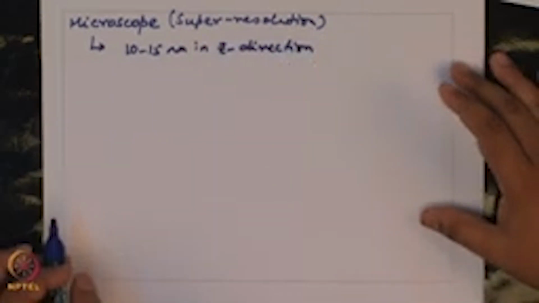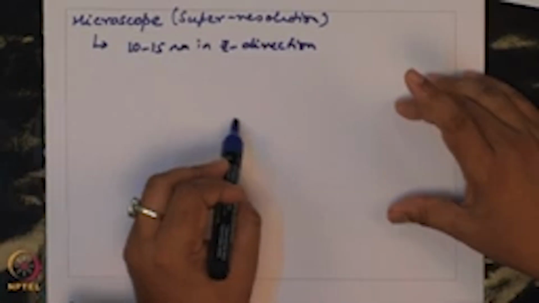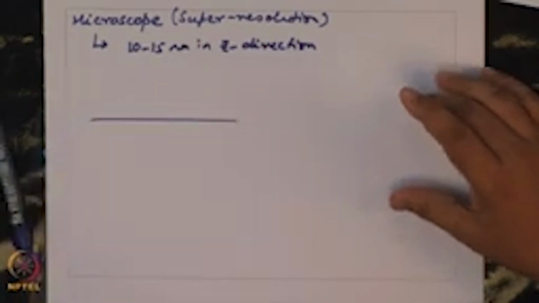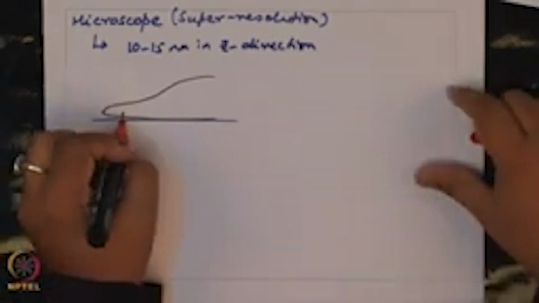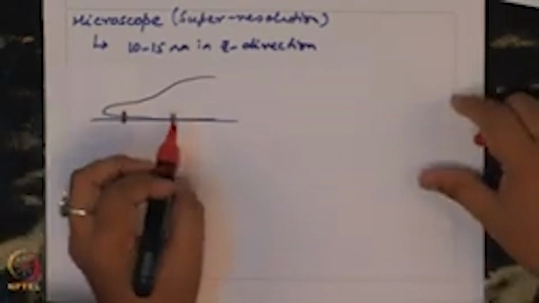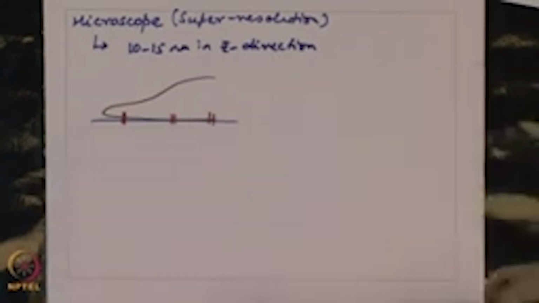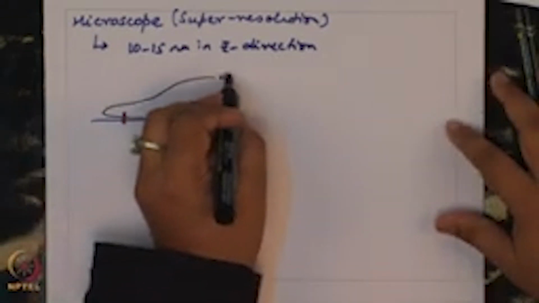So, when you take a cell, this is a substrate and this is your cell, and let me draw the integrins. This is your plasma membrane.